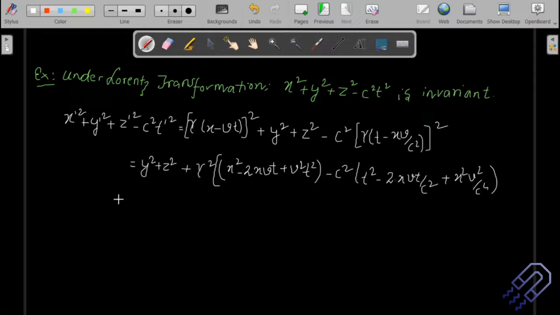So we have y square plus z square, and then we are going to open the bracket and check that many things actually get cancelled out.